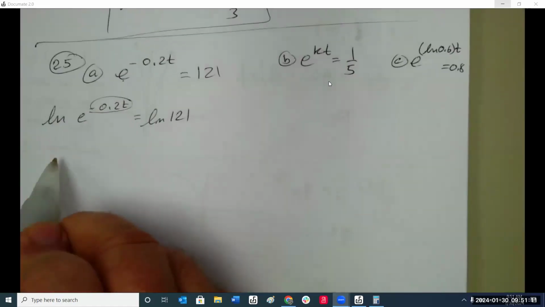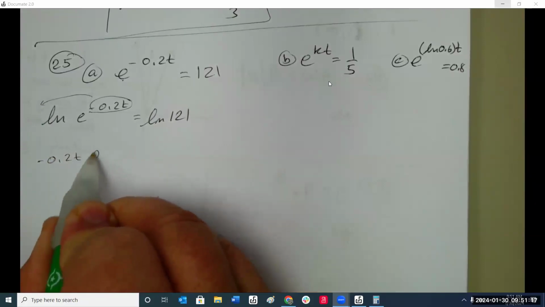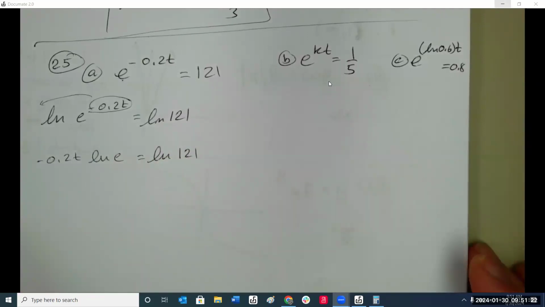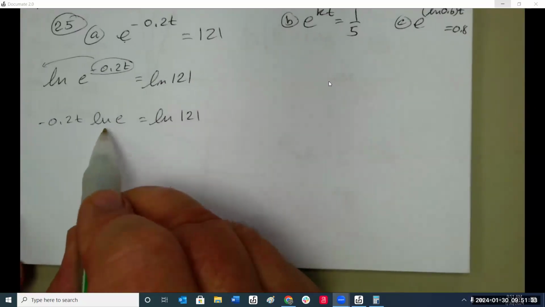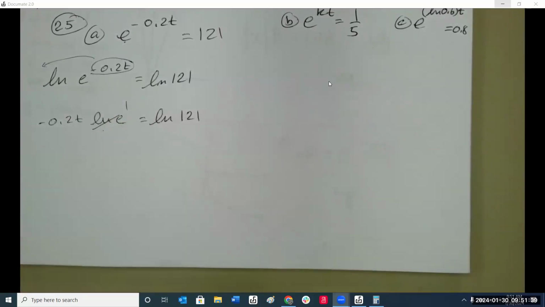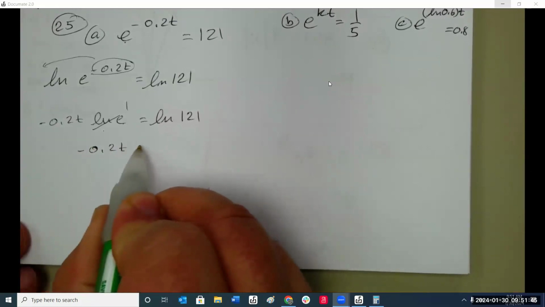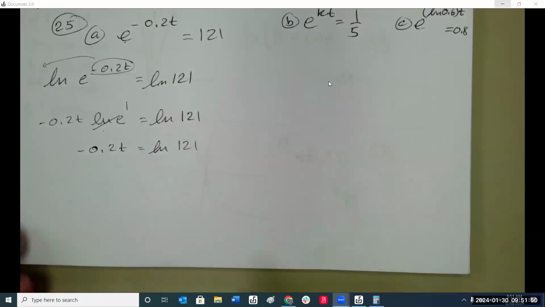The exponent comes out in front. ln e is 1, because log base e of e is 1. So we have negative 0.2t equals ln 121.